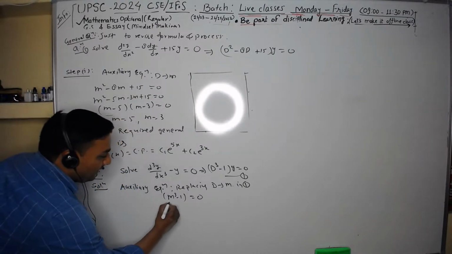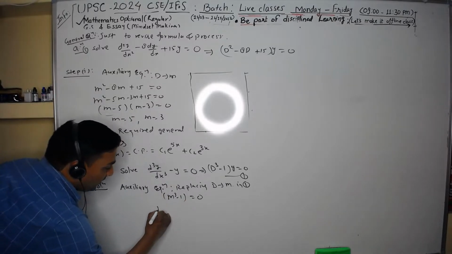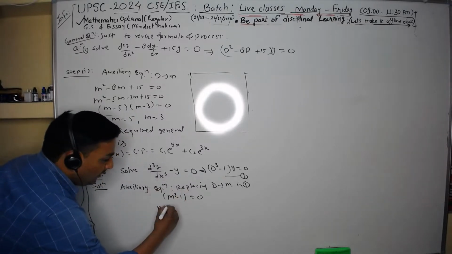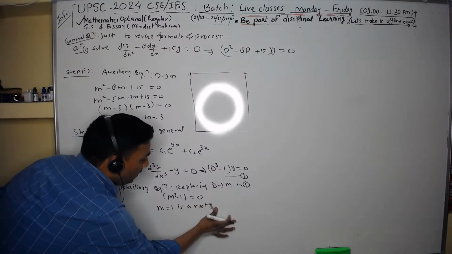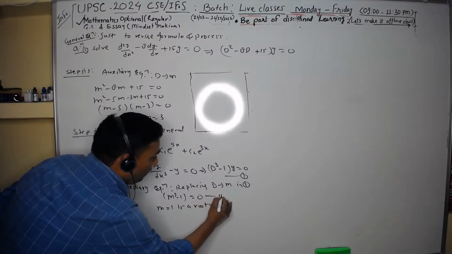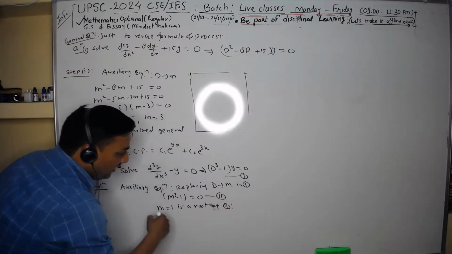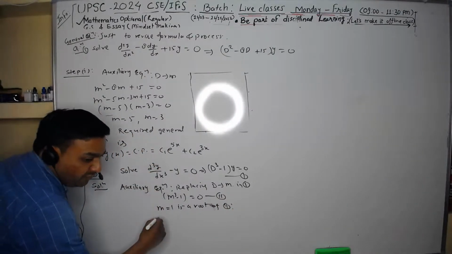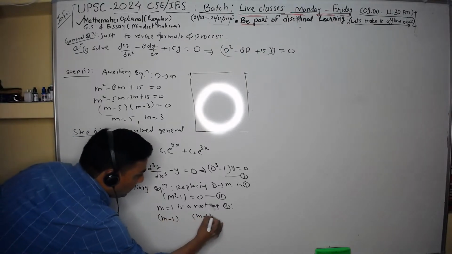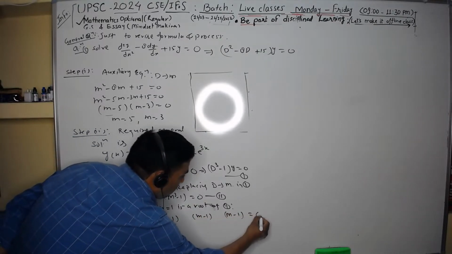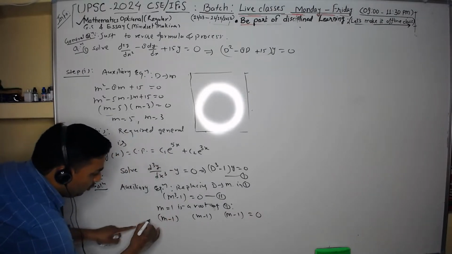See, if m cube is 1, then m equals to 1 is a root of equation 2. Okay? So how do we solve a cubic equation? So this implies m minus 1 will be a factor, right? Now here m cube.